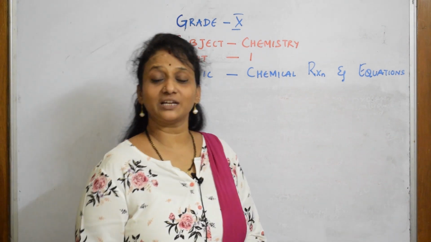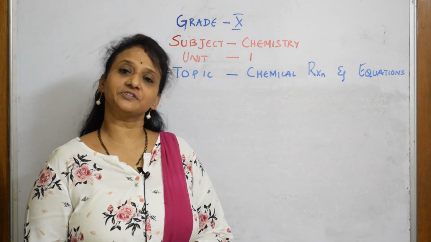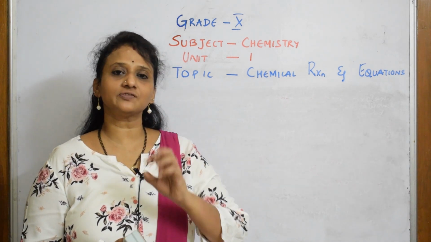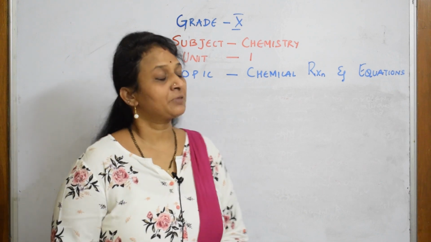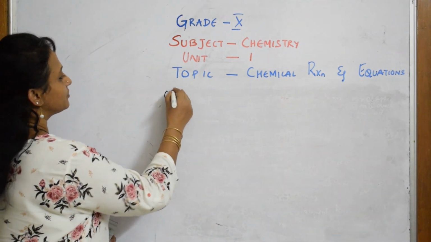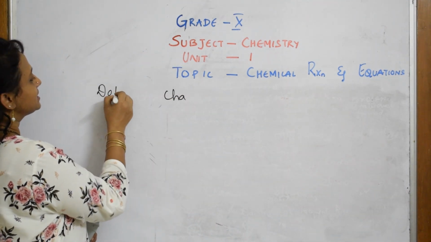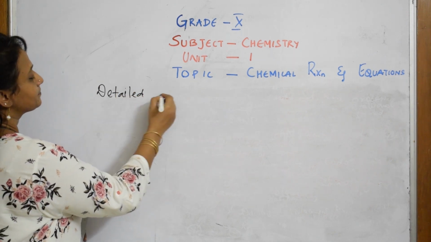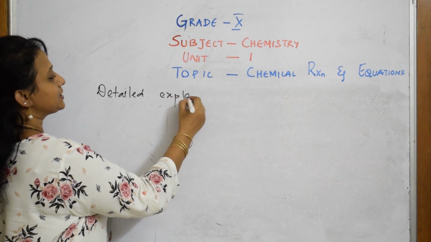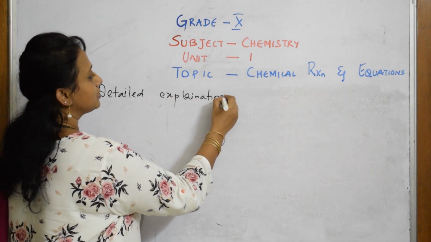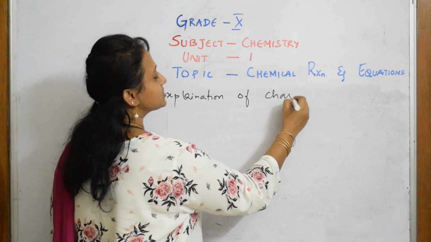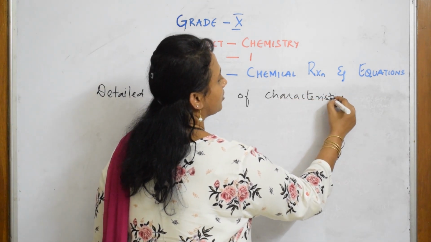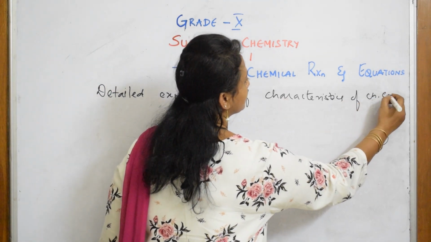Right, students, now let us come back and do the first characteristic of chemical reactions, that is evolution of gas. For every concept, let us take two examples and understand. In this video we will write the heading as detailed explanation of characteristics of chemical reactions.